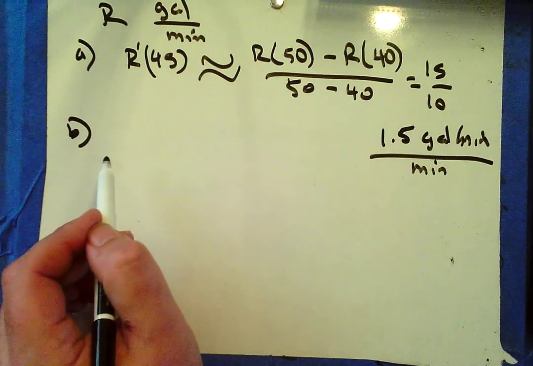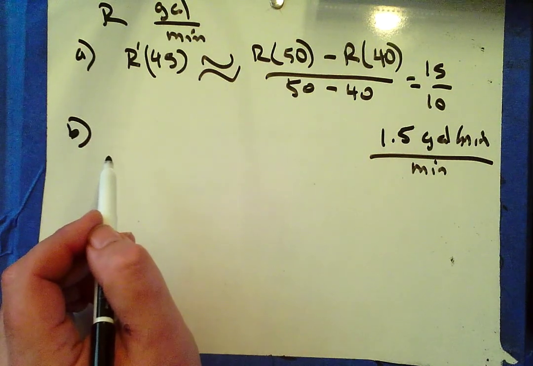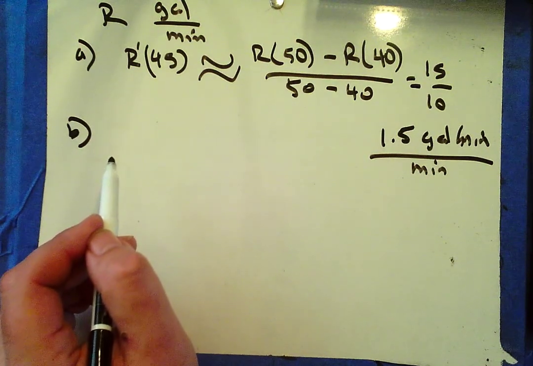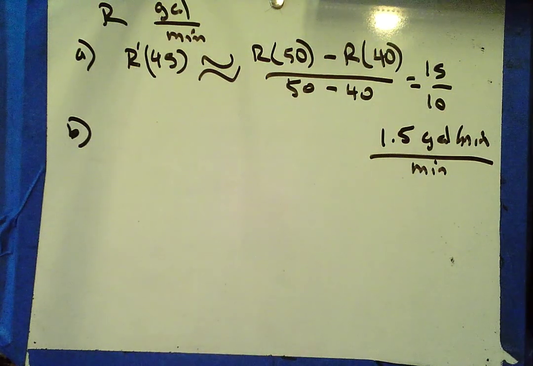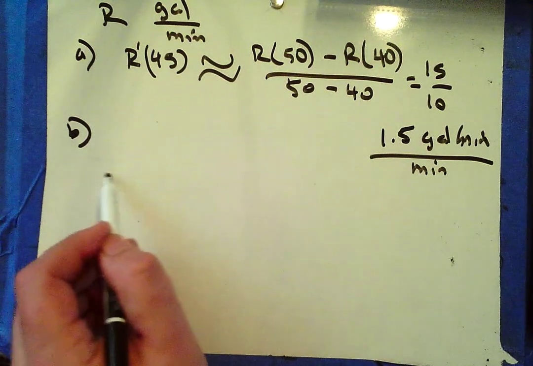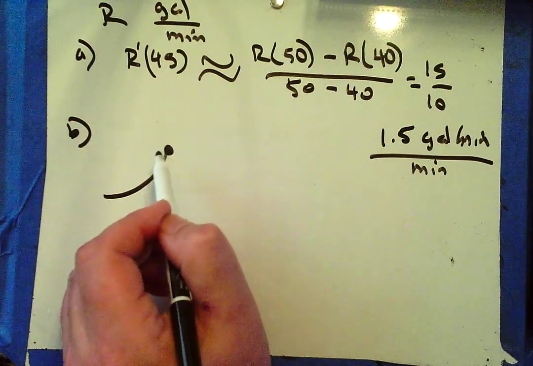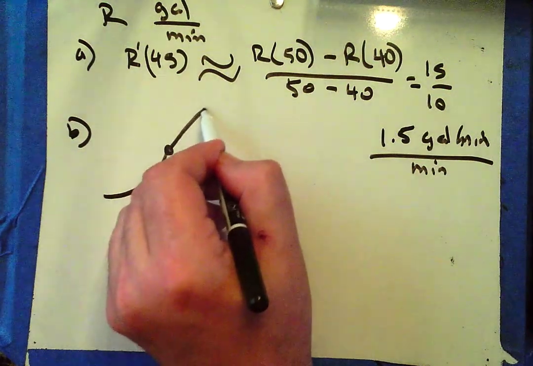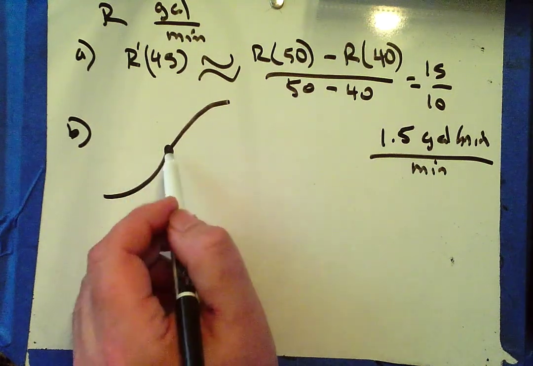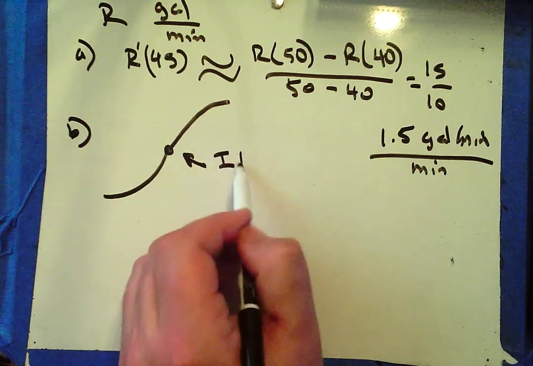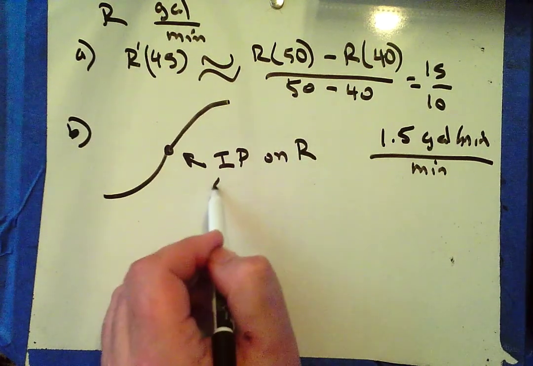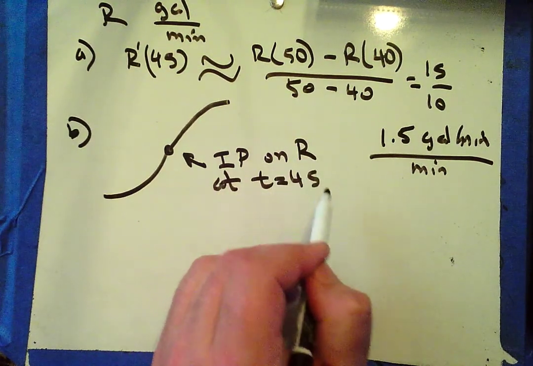B, the rate of fuel consumption is increasing fastest at time t equal to 45. That means the slope of R is most positive at t equal to 45. What is the value of R double prime of 45? Explain your reasoning. Well, if my function is increasing to its fastest rate, and then still increasing but at less of a rate, that's going to be an inflection point on R at t equals 45.